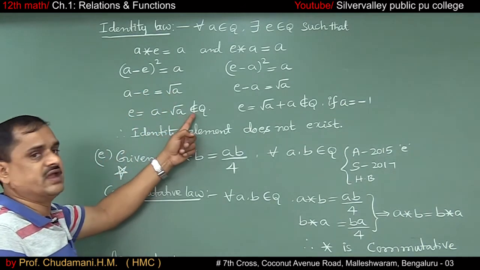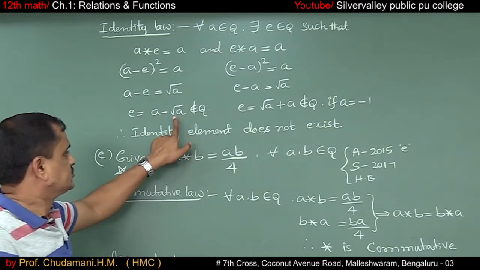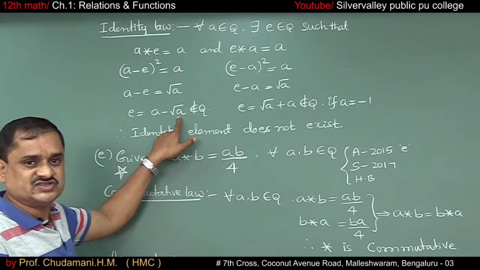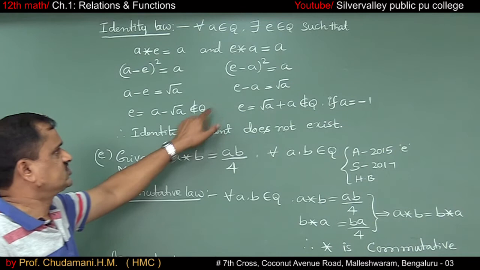A minus root A does not belong to Q for all A negative. So, if I take A as minus 1, root of minus 1 is a complex number, which does not belong to Q.